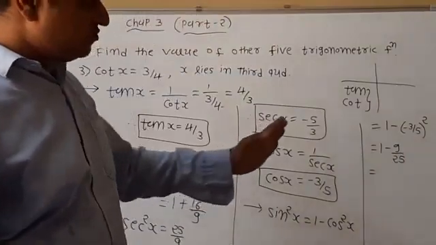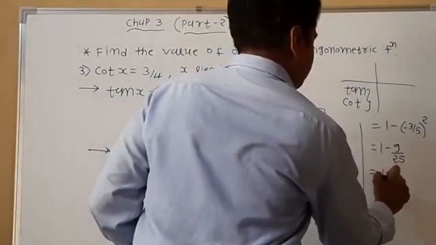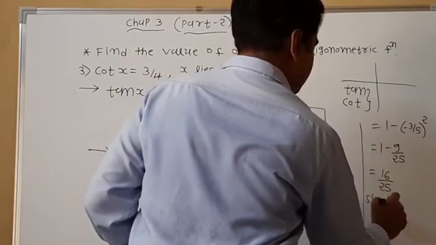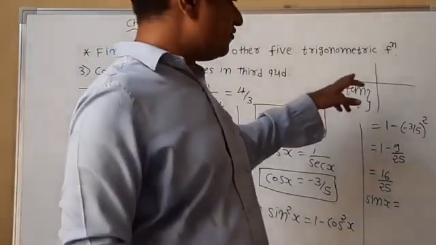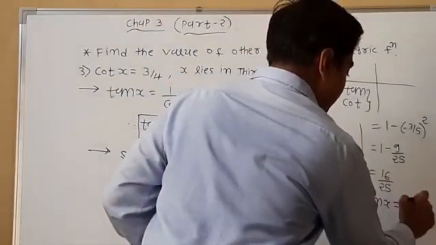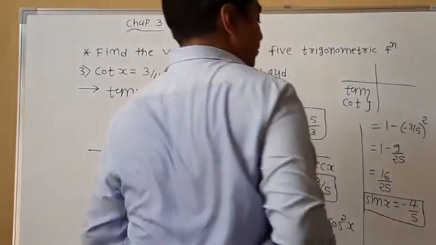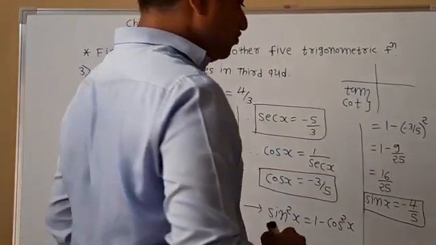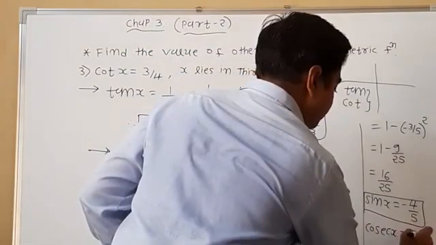Now take LCM and simplify this term. So 25 minus 9, that means 16. So 16 by 25. Remove the square root. So sin x is equal to, now the third quadrant is given, and in the third quadrant the value of sine is negative. That's why we write minus 4 upon 5. Now find cosec x. So cosec x is written in reverse order, so we get the answer. So cosec x is equal to minus 5 by 4.